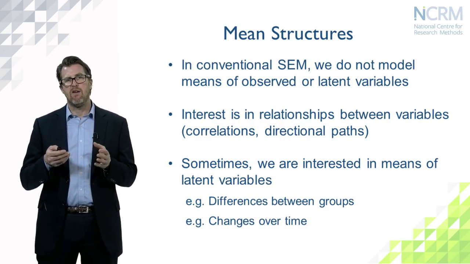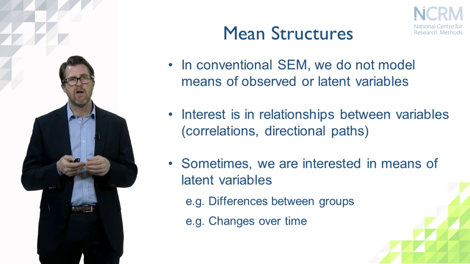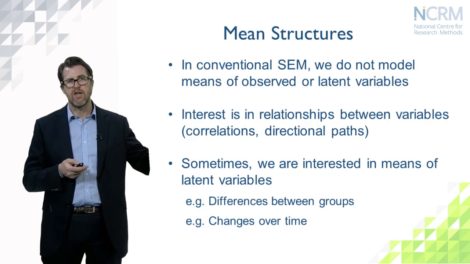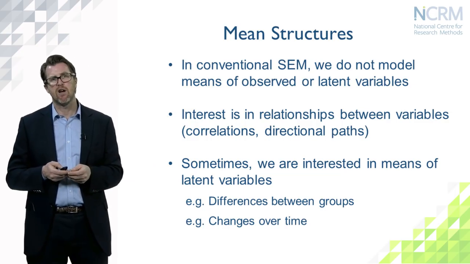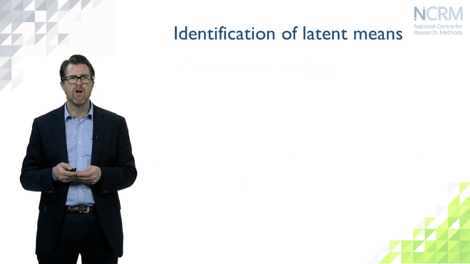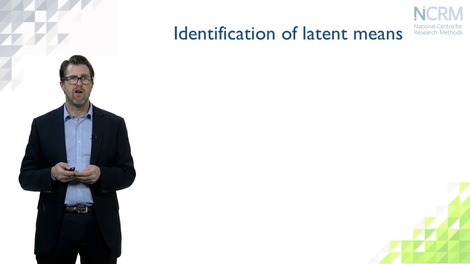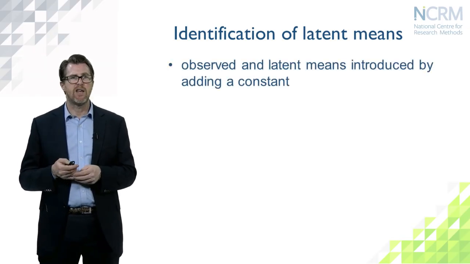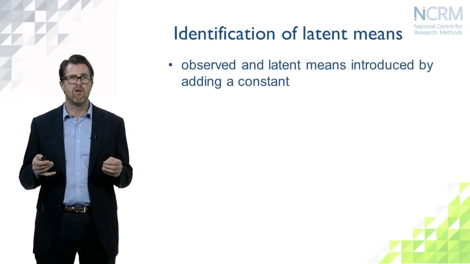Perhaps if we've got a longitudinal data set, we would want to estimate the mean of the latent variable and see whether that is changing over time. So when we introduce means into our CFA, then we do this by adding a constant to the model.